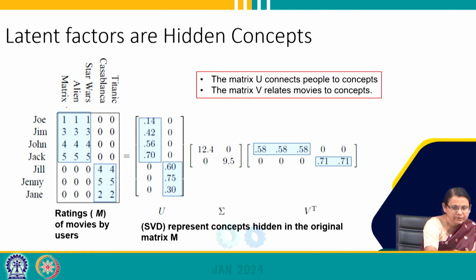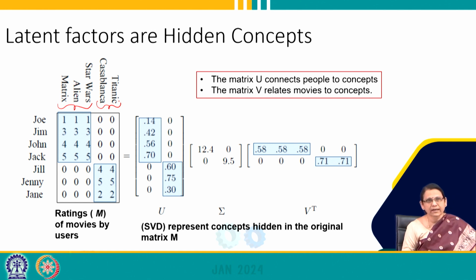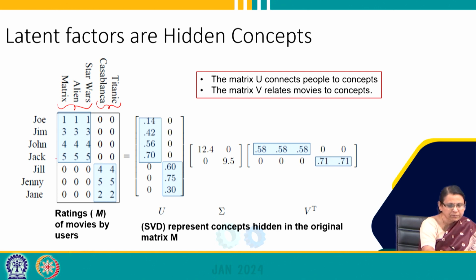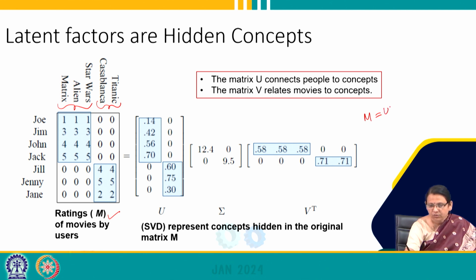In this particular example, we had 5 movies, and they belong to 2 different categories. Purposefully in this example, the first 4 people like the first 3 movies and the second 3 people like the next 2 movies. When we apply SVD and try factorizing this matrix, M is U sigma V transpose.